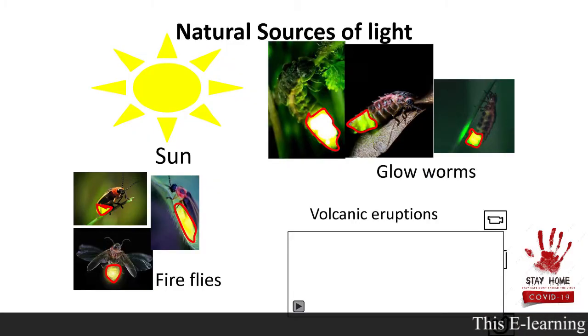See some pictures. These are some pictures of the natural sources of light. So we have here the sun, you can see it here. Then we have fireflies here, you can observe. And you see they have light, if you can see. They're producing light here. So that's why we call them the sources of light.